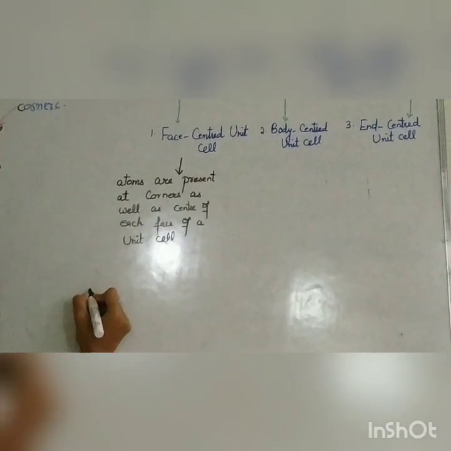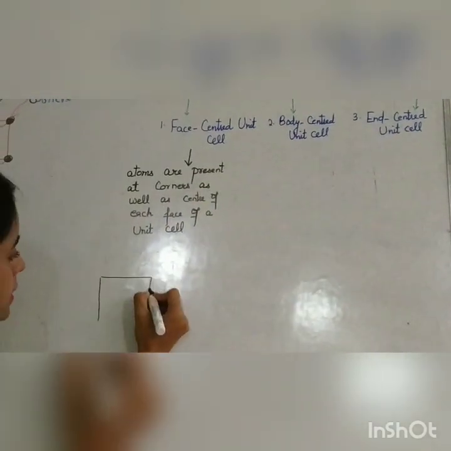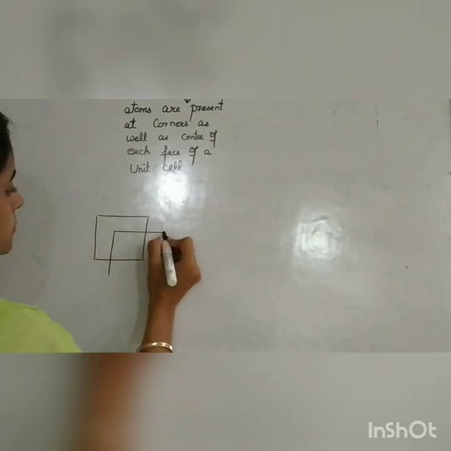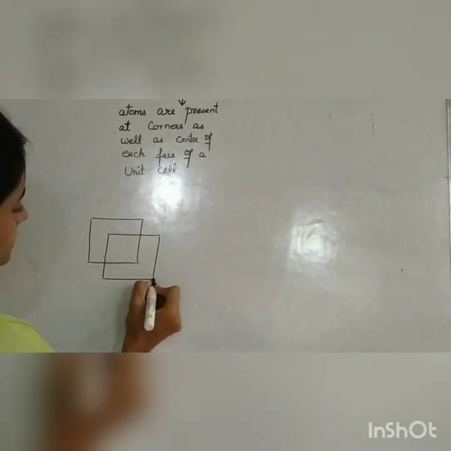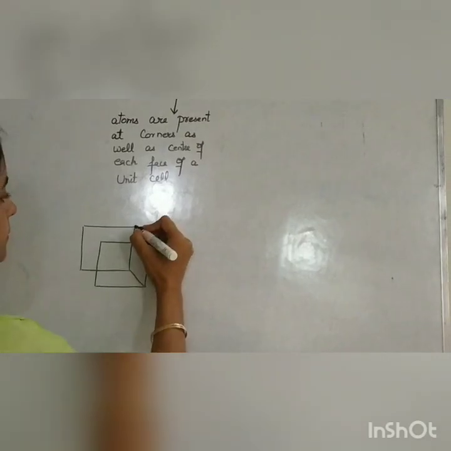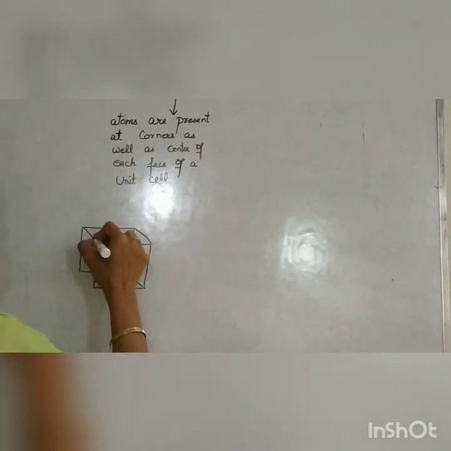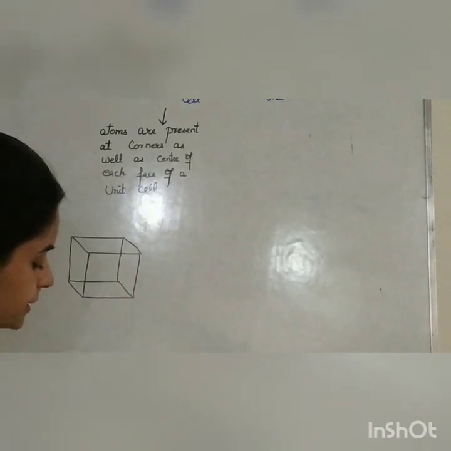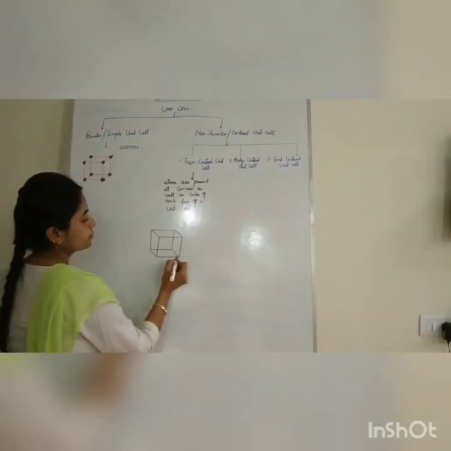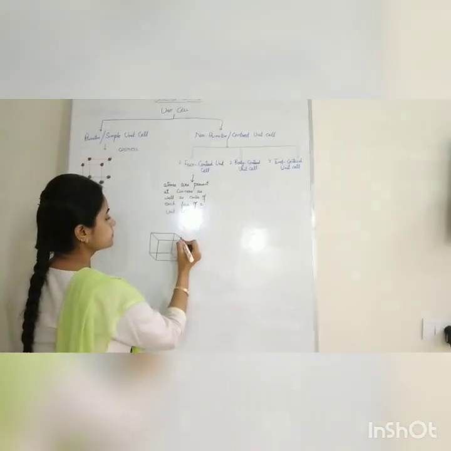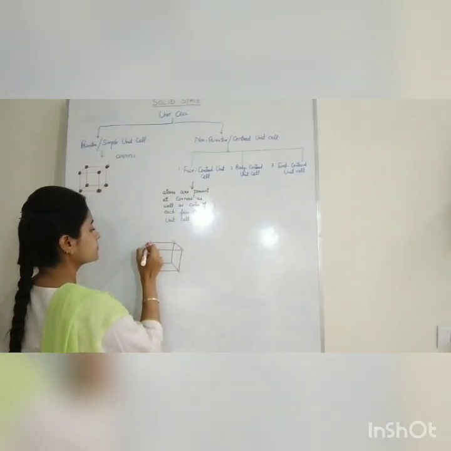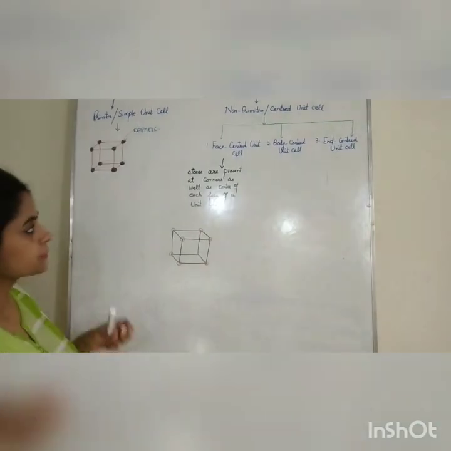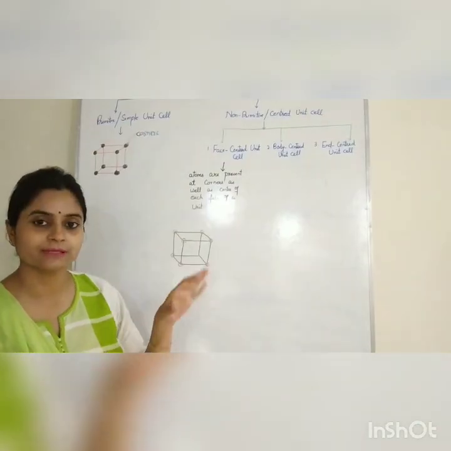As shown, if we have a unit cell, in this case atoms are present both at the corners as well as at the center of each face of a unit cell.